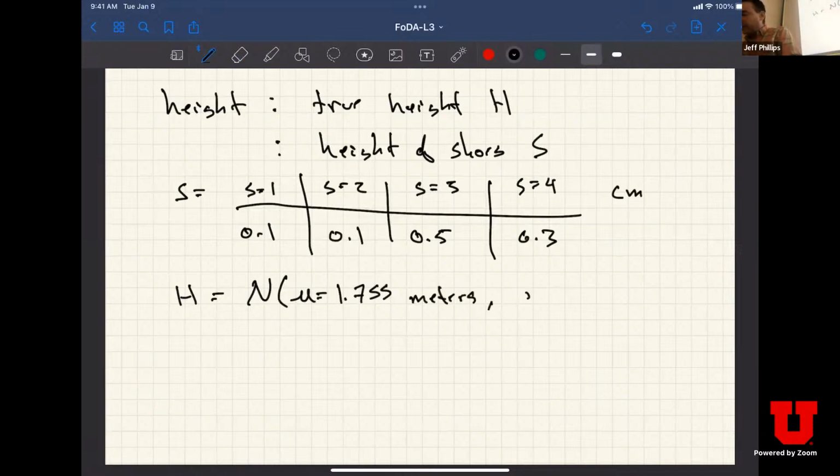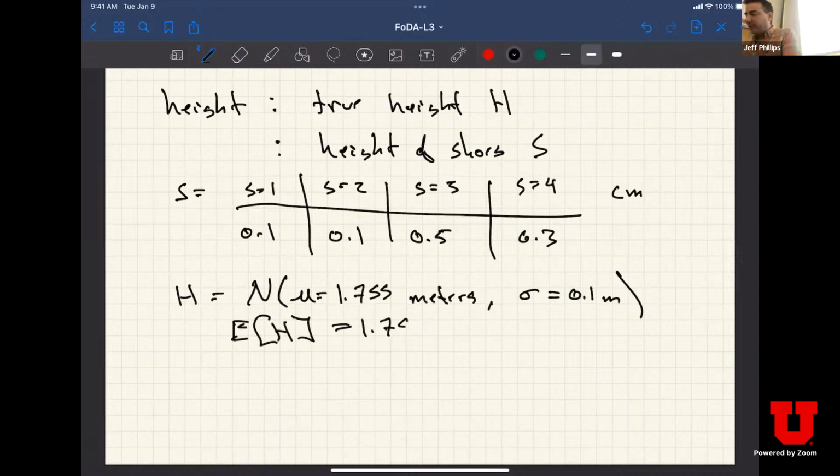And there's some sort of variance. I'm not going to need the variance here. Let's say 0.1 meters. And I know that the expected value of the height is going to be exactly 1.755 in meters. So I want to figure out what the expected value of the height wearing shoes is now.